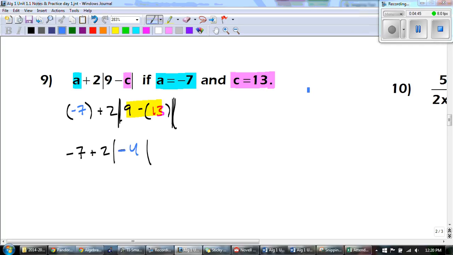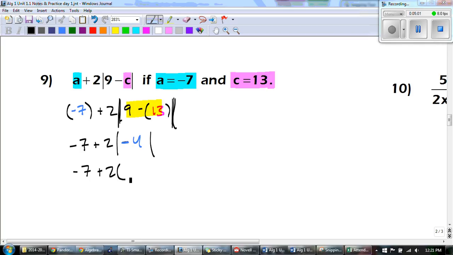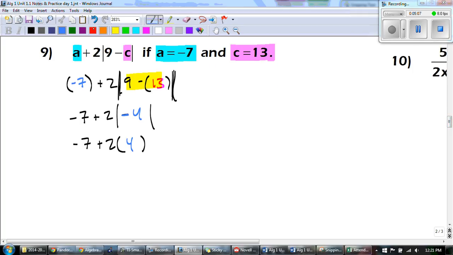Okay, now I have to do the absolute value. The absolute value of a -4 is what? I'm rearranging this because I can. Don't you guys wish you could do that sometimes? Well, the absolute value of a negative 4 is a positive 4. A number next to parentheses means multiplication.